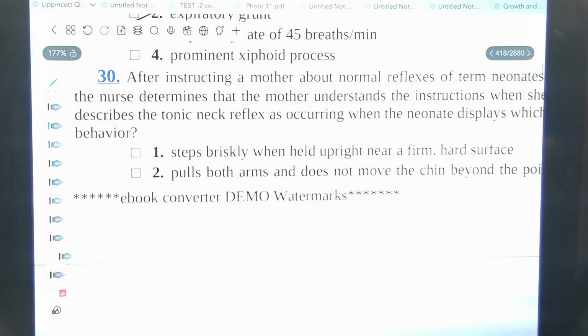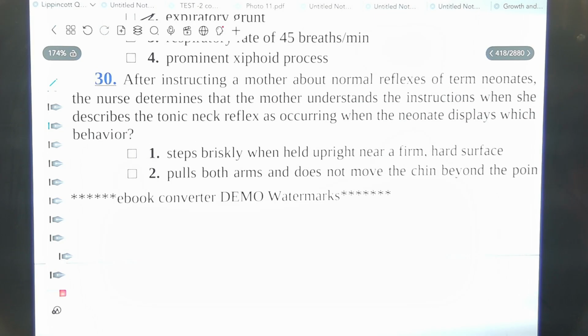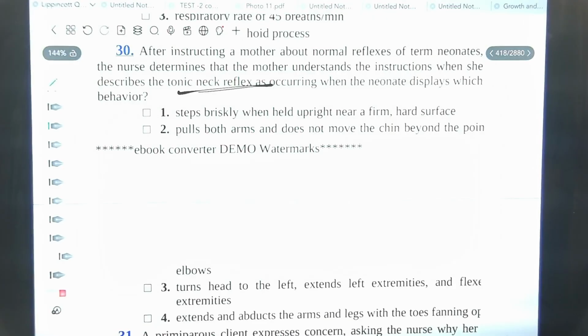Now next question 30. After instructing a mother about normal reflexes of a term infant, the nurse determines that the mother understands the instruction when she describes a tonic neck reflex as occurring when the neonate displays which behavior? So it's about tonic neck reflexes.